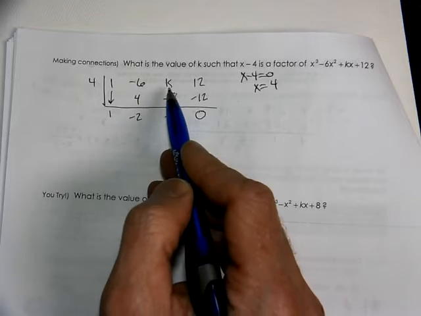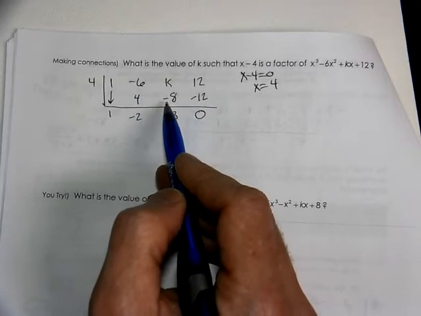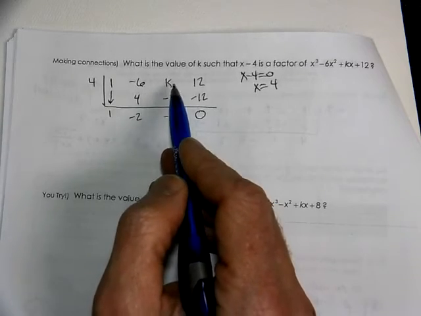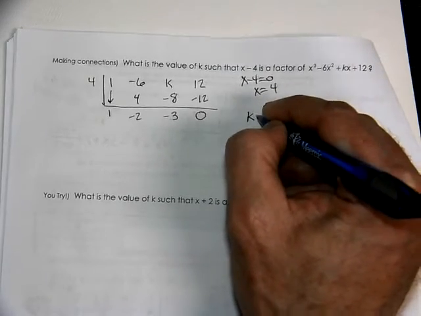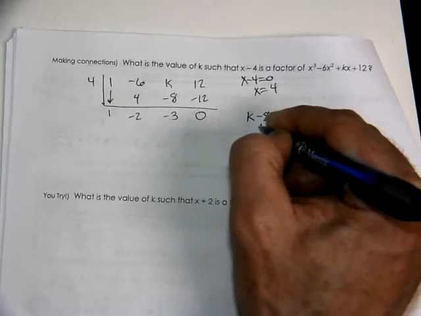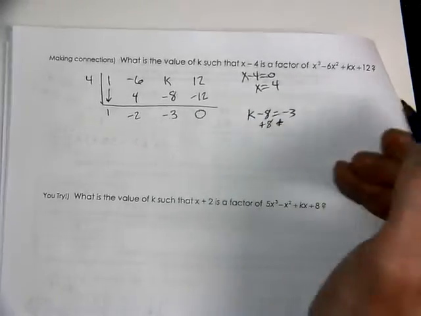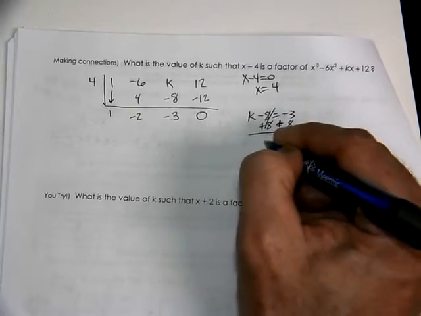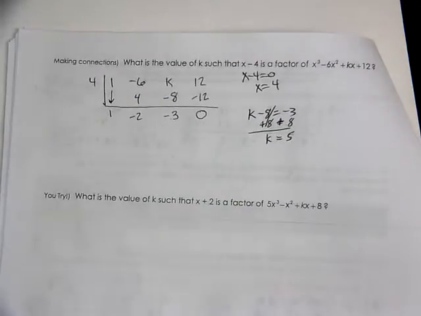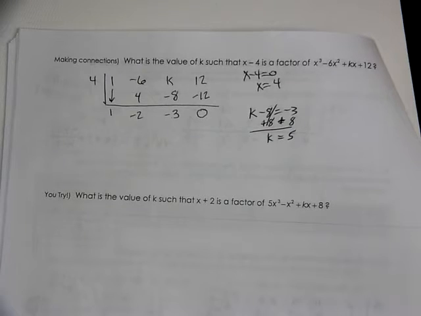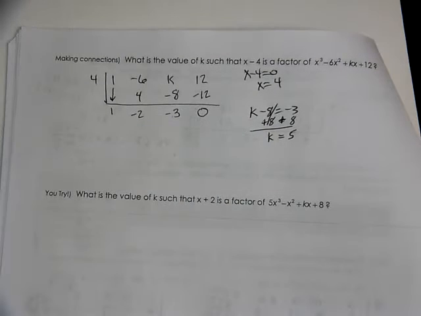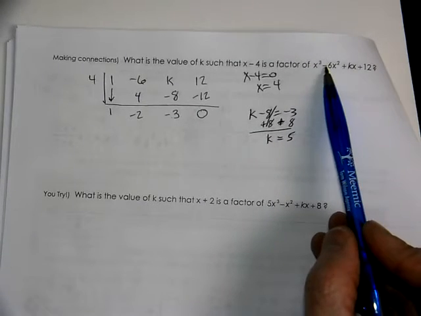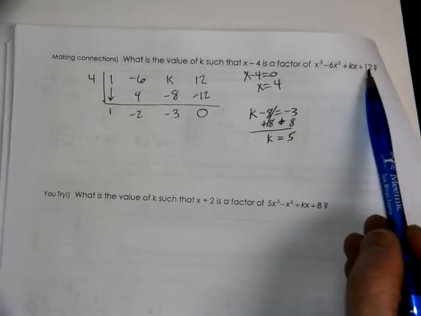I think I said 12 there, I'm sorry. K minus 8 equals negative 3. We're actually adding the 8 to the other side. So you know k would have to be 5. 5 minus 8 gives you negative 3. So your new equation would be 1, negative 6, positive 5, and 12.